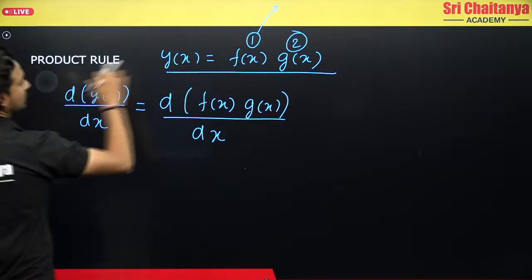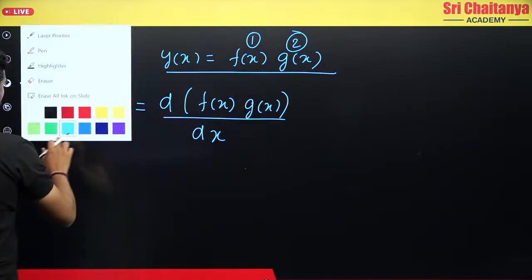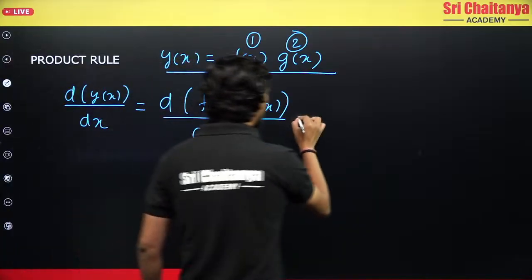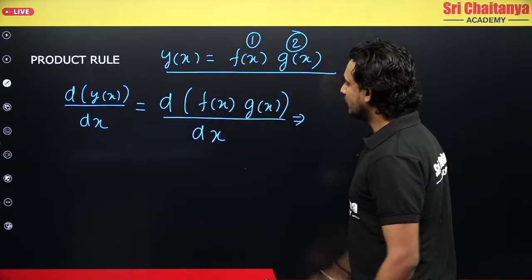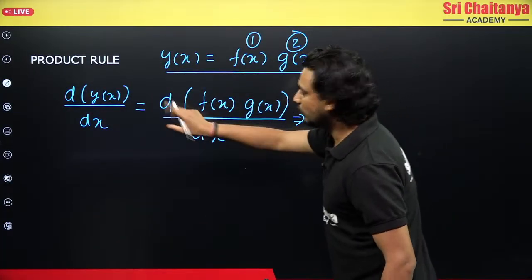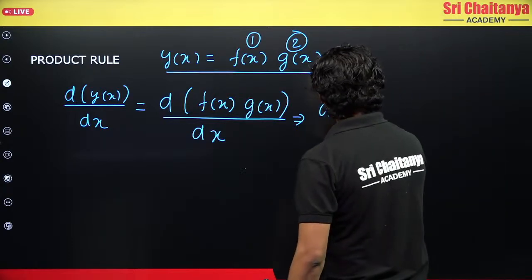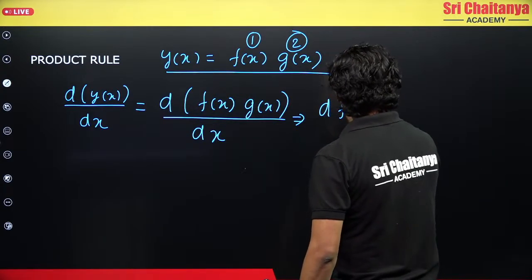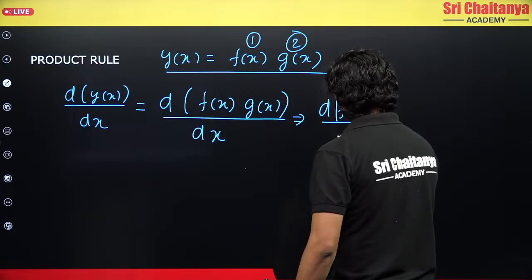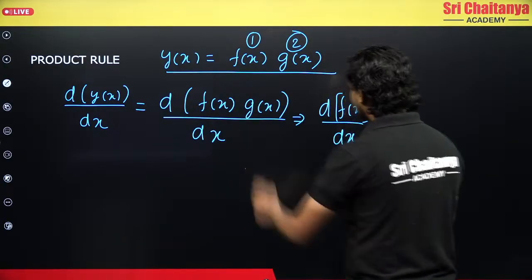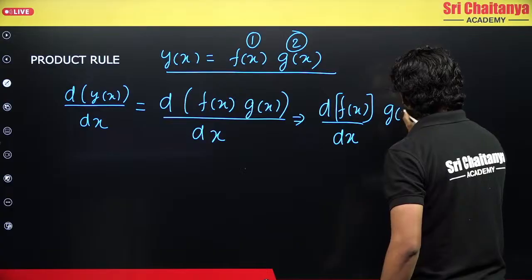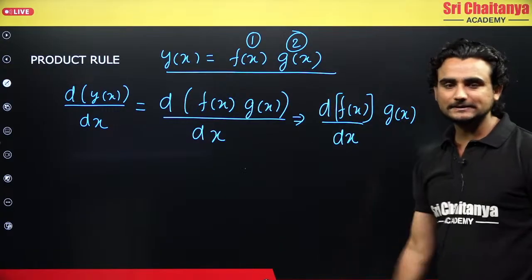Let's understand this again. When I want to differentiate two functions, the first brother will go, and we will do the differentiation of the first function. But the second function g(x) will stay there only; nothing will happen to it.